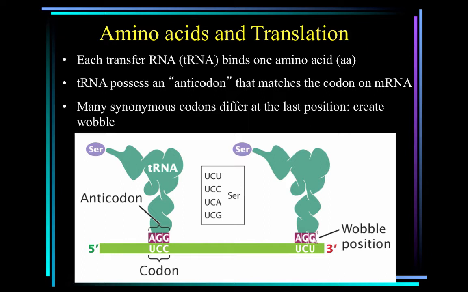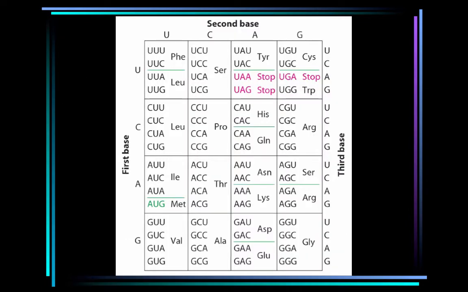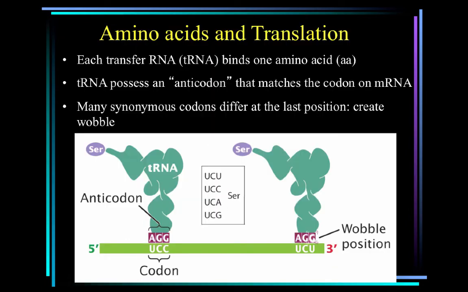So tRNA refers to that transfer RNA, and the amino acid is going to be designated by the amino acid name or the actual 3-letter code that is shown in this figure here. So transfer RNAs are going to possess an anticodon, and that anticodon is going to match the codon on the mRNA. So when you hear the word anticodon, just think of the opposite codon.